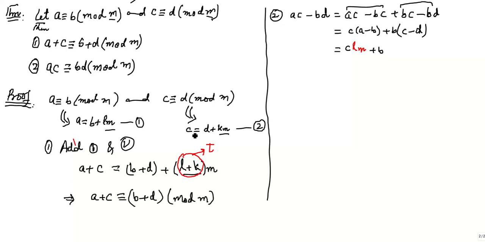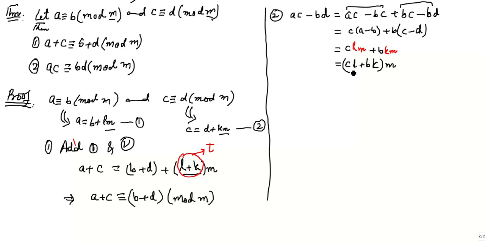So, we can also write c minus d is equal to km. Okay. So, we can take m as common from here. So, we will have cl plus bk times m.